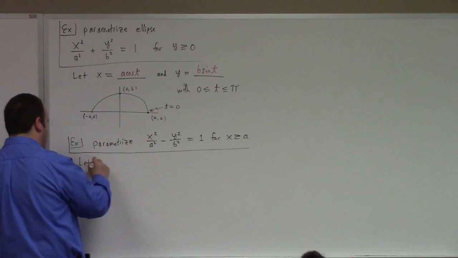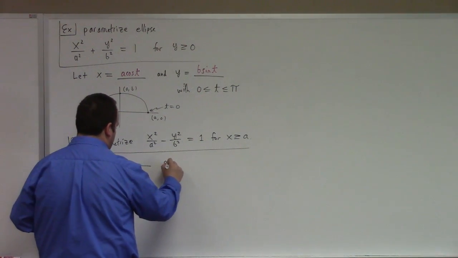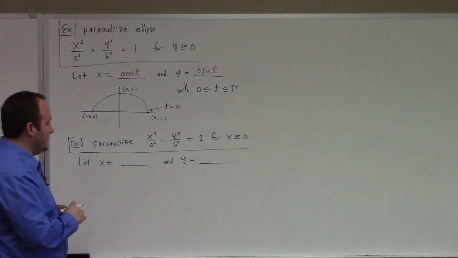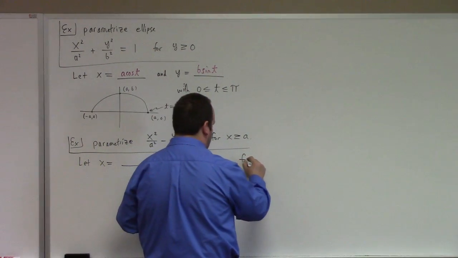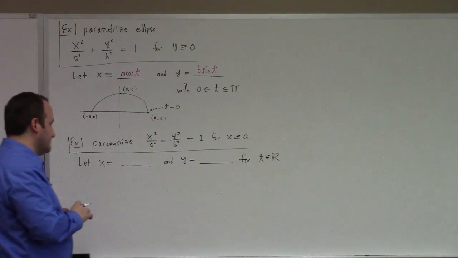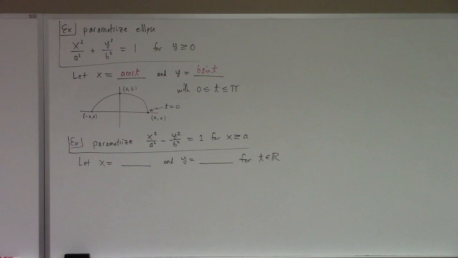Let x equal blank and y equal blank. You guys fill in the blanks. I'll tell you which parameter domain: we'll let t be any real number. I'm assuming a and b are positive constants in both of these examples. That's usually assumed in these sorts of problems, whether it's stated or not. It should be stated, but I am assuming it.